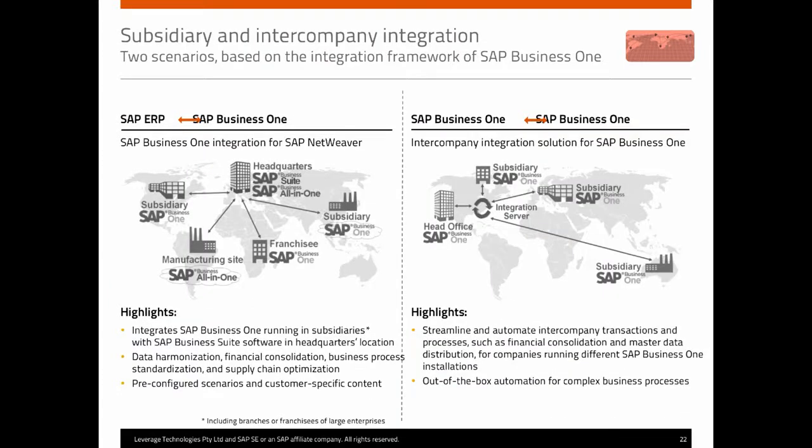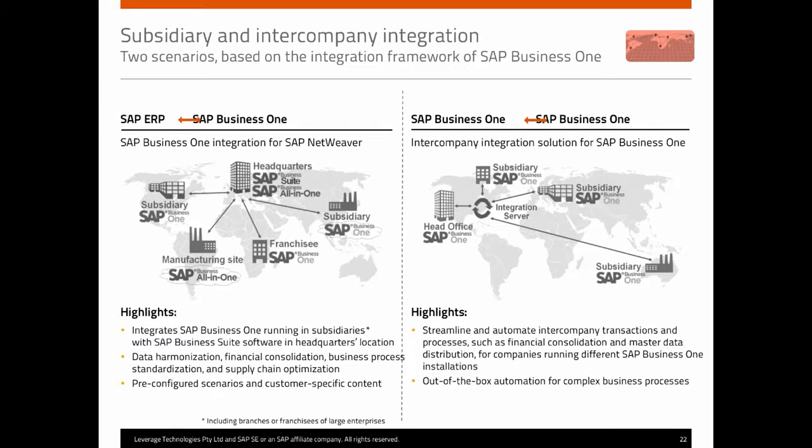But suffice it to say that what Business One delivers out of the box is integration across the entire SAP Business One family and across the entire SAP product family.